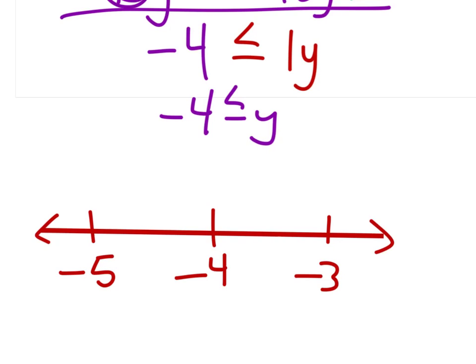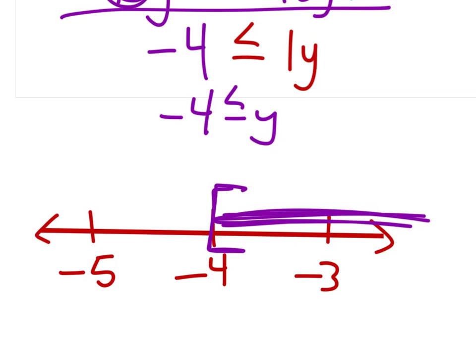So this is included, but y is bigger than negative 4, so to find those values, it's going to have to open up to the right, and we can see that all of these values here to the right are going to be bigger than negative 4, and it's included negative 4 because we have a square bracket.